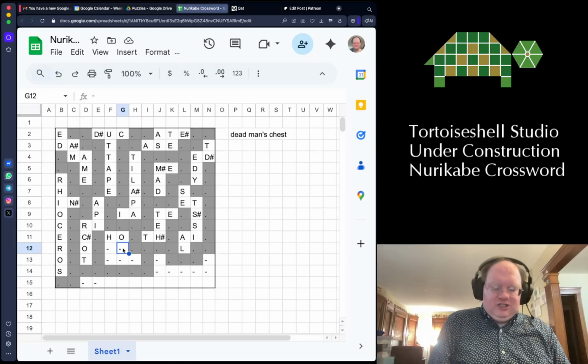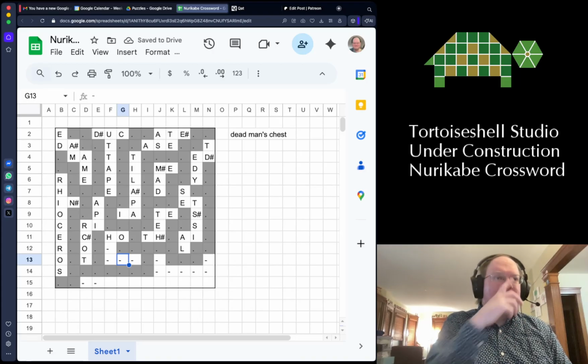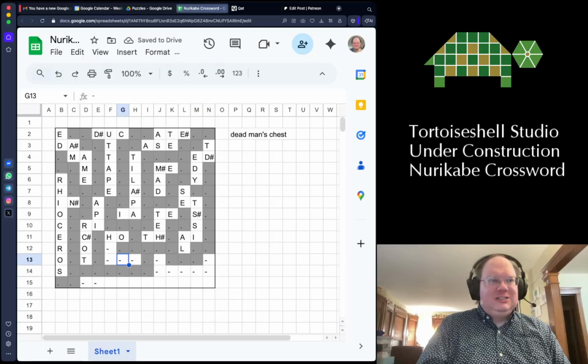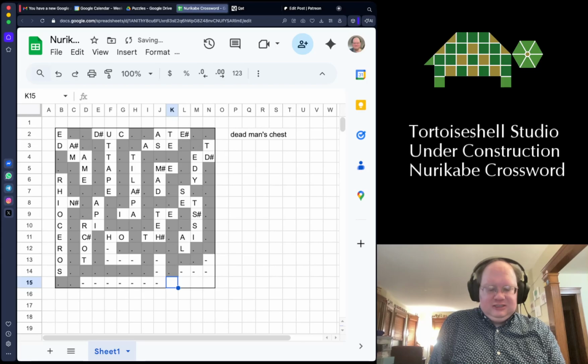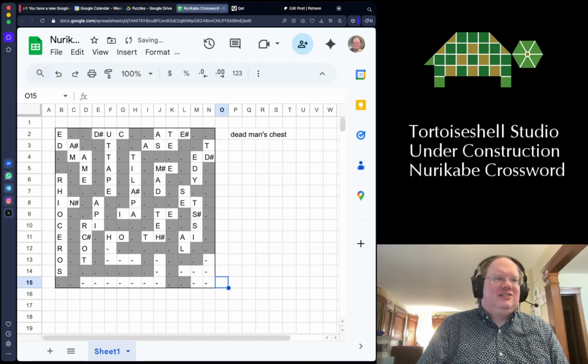I guess we could have that. OT is such a difficult beginning. So I could have this be something that comes out like that, and then we have dot, dot, oops, something like that. That is one way to do it.